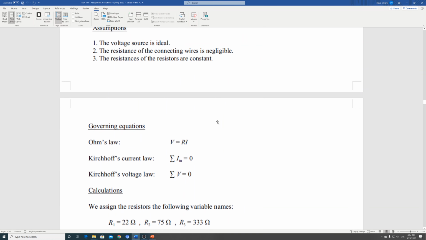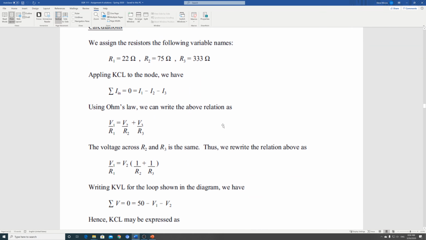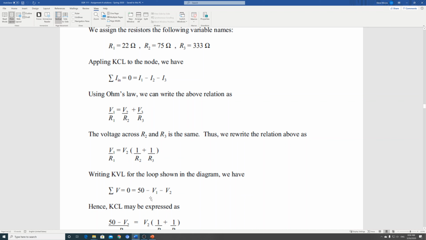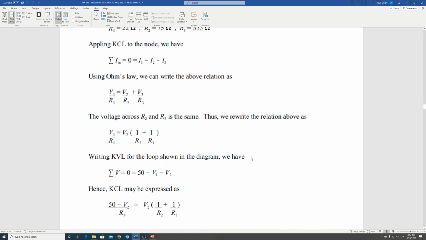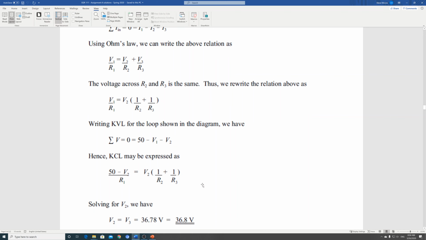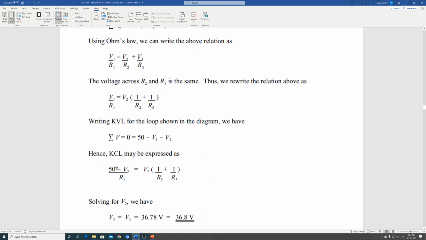The equation just becomes 50 minus V1 minus V2. Then we can take our V1 and pull it over to the other side, and V1 would be equal to 50 minus V2. So we substitute in 50 minus V2 for my V1.